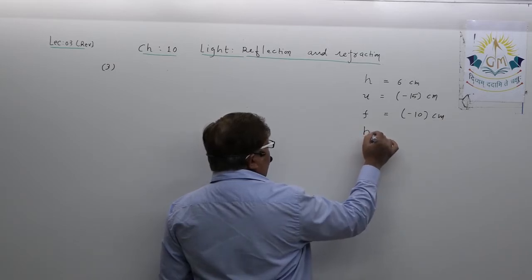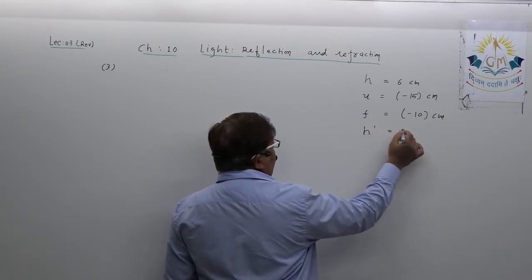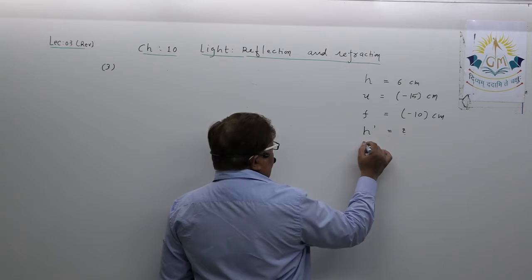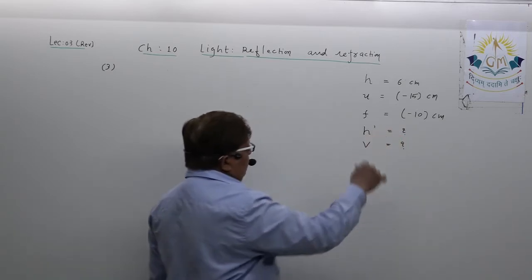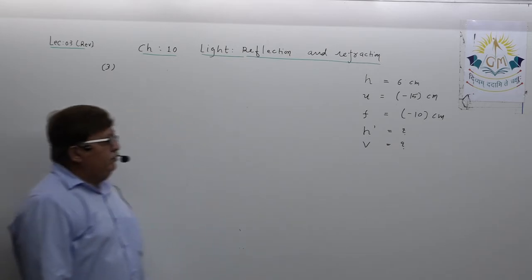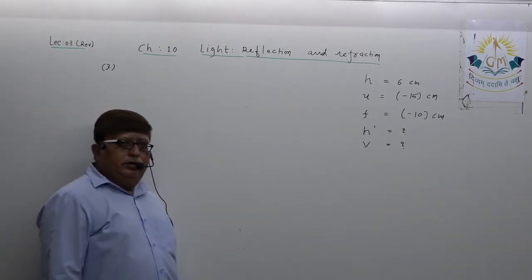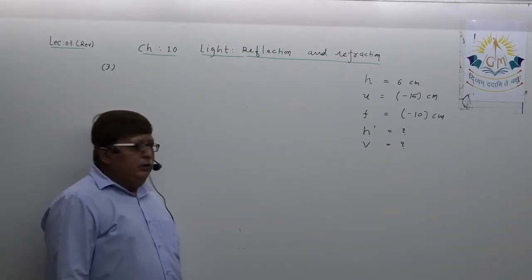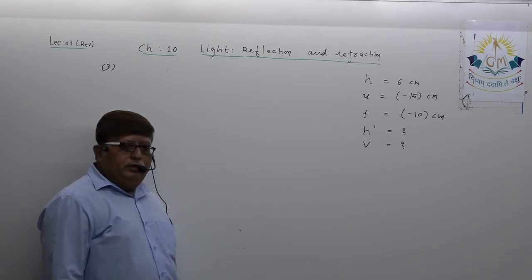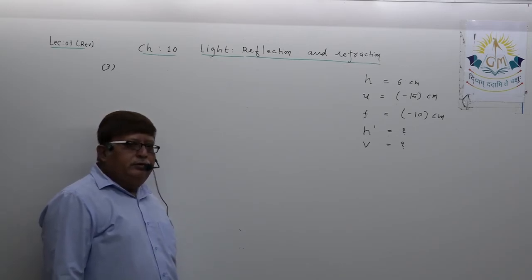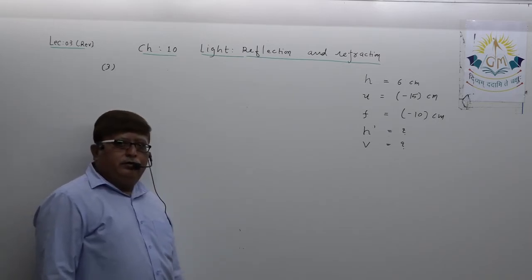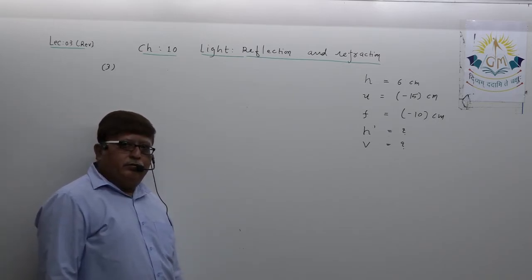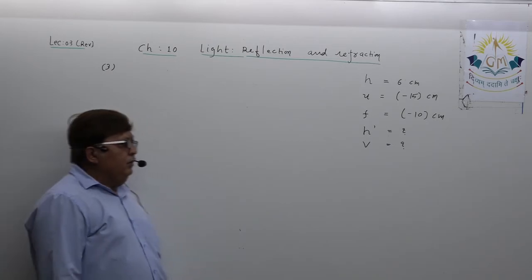Then you are looking for the height of the image and the position of the image. You have to find position as well as nature and size of the image.